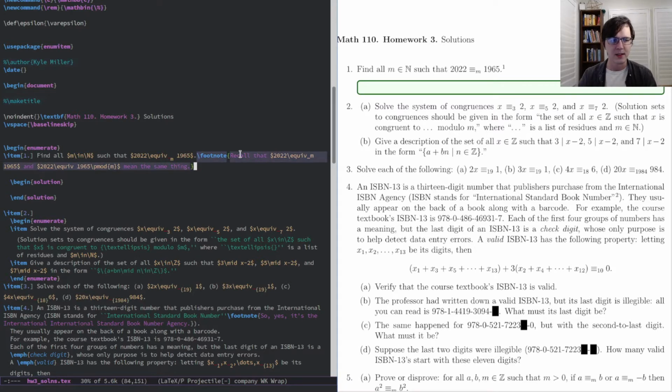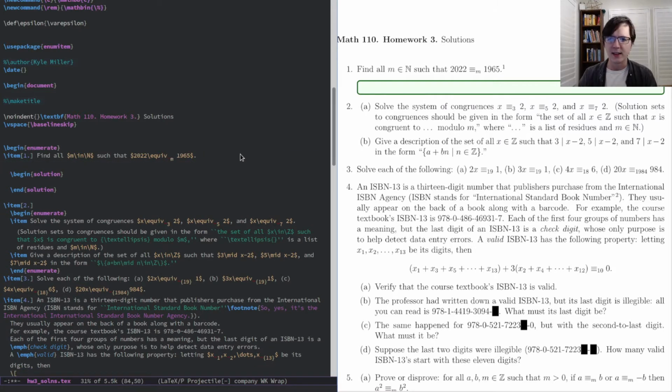This compact one, which I like a lot of times because it puts it right on the actual relation itself, and also the parenthesis pmod version. Both have their uses.